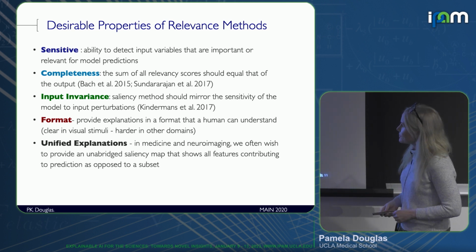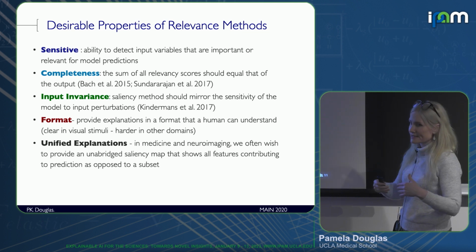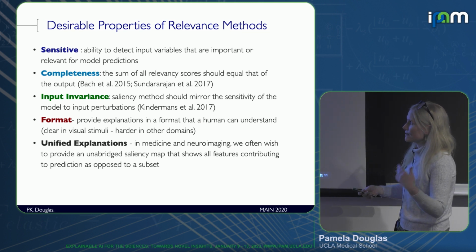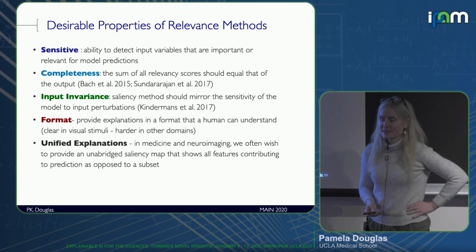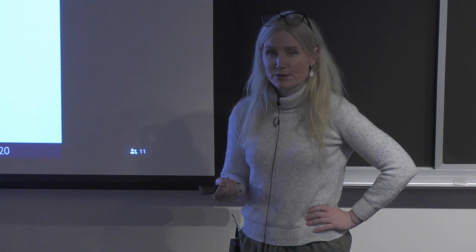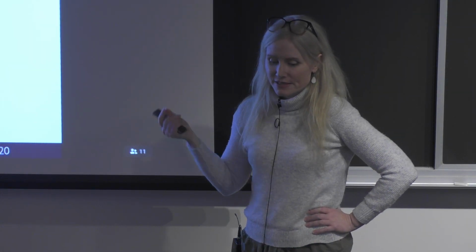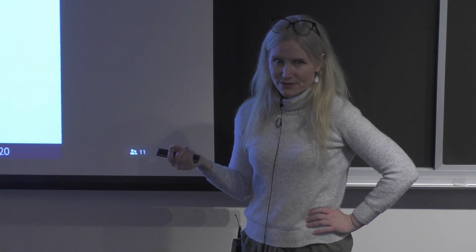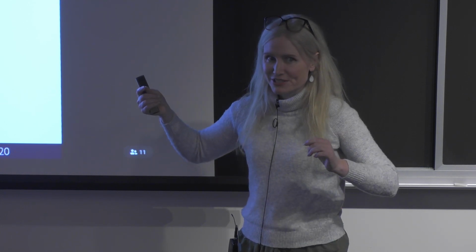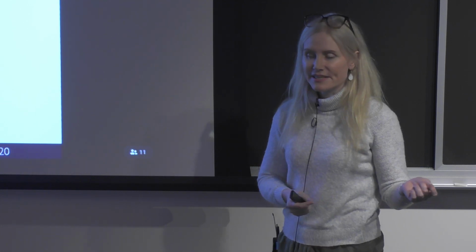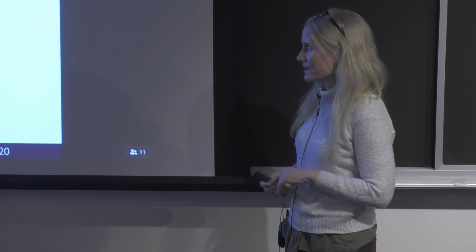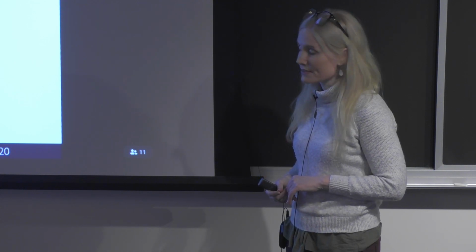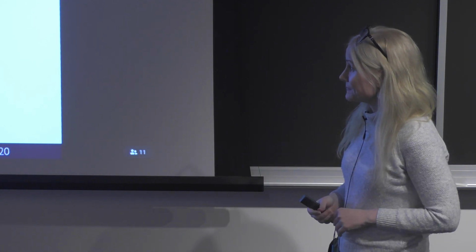It was brought up in Kindermans' paper that the saliency method should mirror the sensitivity of the model to input perturbations. Sometimes you can have an input perturbation, such as a mean shift, that doesn't affect the weights at all and doesn't affect the input-output predictions, but it will affect the saliency maps, depending on which method and which reference points you're using for interpretation.